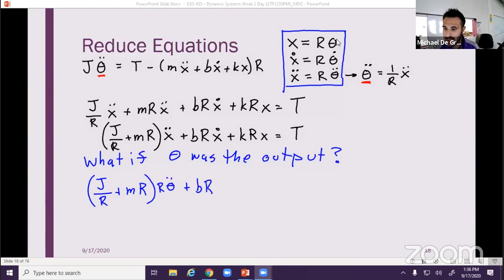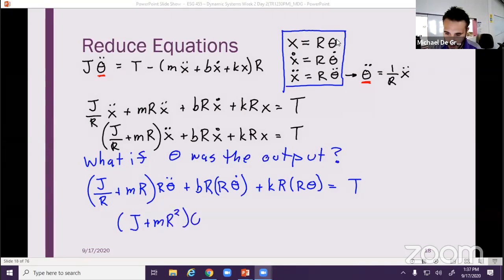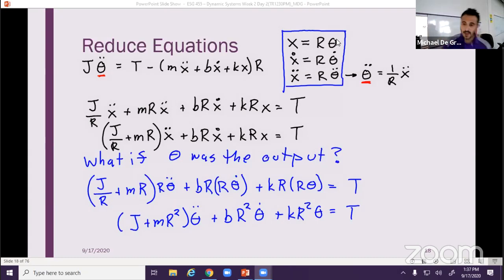B times r, x dot is r theta dot. K times r, x is just r theta. That's equal to T. All right, so I can throw some things in here, right? So I get J plus m r squared theta double dot plus b r squared theta dot plus k r squared theta is equal to the torque. And that's what would happen if theta was the output. That's how we would do it.